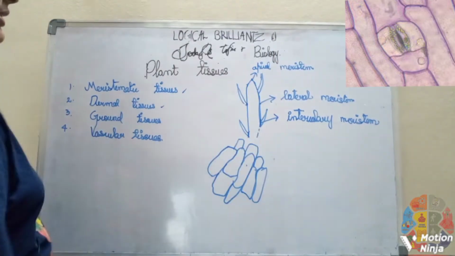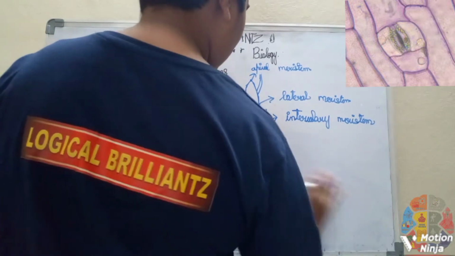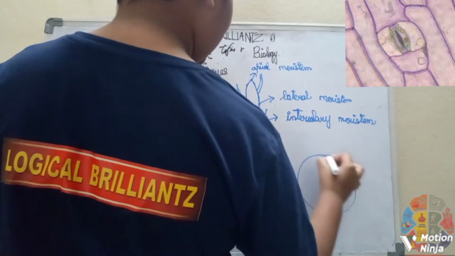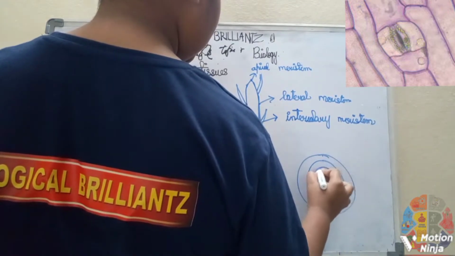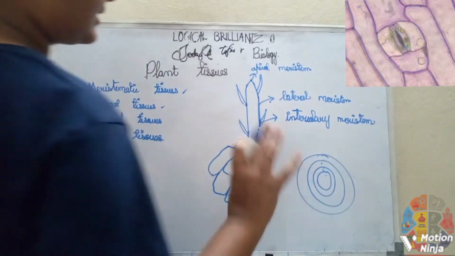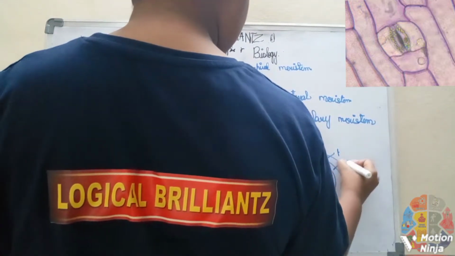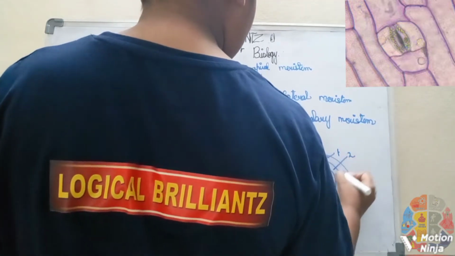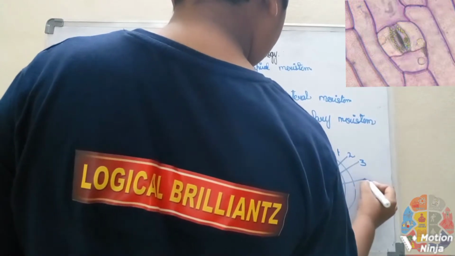And this dermal tissue contains 3 layers, a single layer, and this is a second layer. See, a plant tissue contains 4 layers: 1, 2, 3, 4. The first one is meristematic tissue, the second one is dermal tissue, the third one is ground tissues, and the fourth one is vascular tissue.